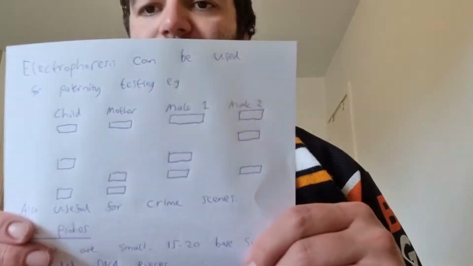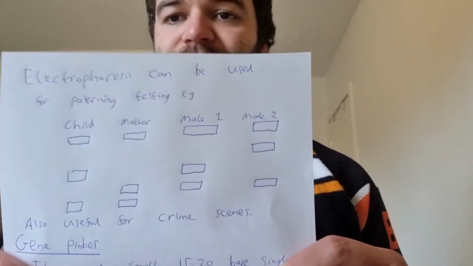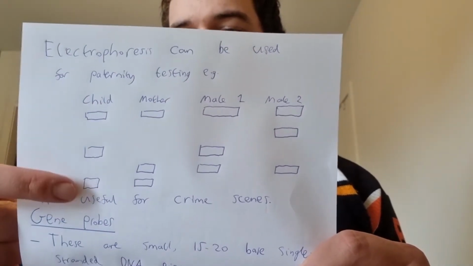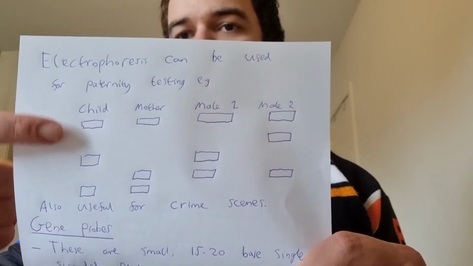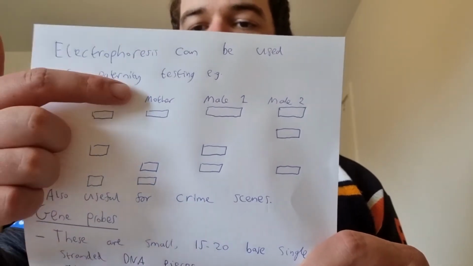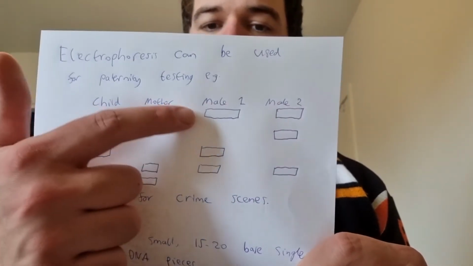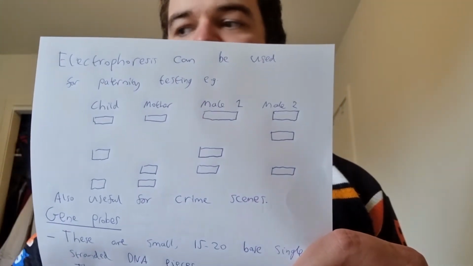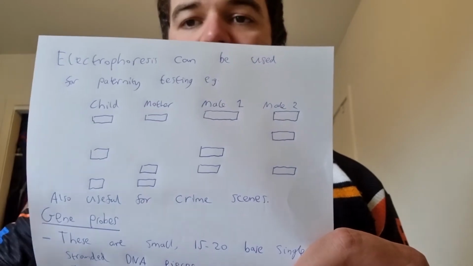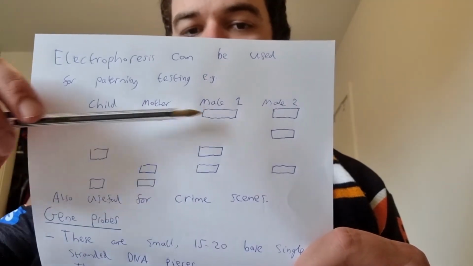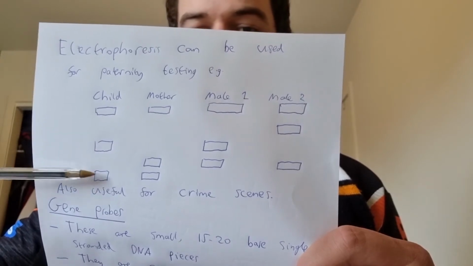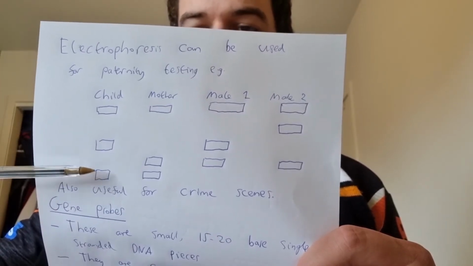So gel electrophoresis can be used for paternity testing. For example, we've got the child's DNA here, the pattern they make in electrophoresis here, and we've got the mother's here. And here we've got two potential males who may be the father. By studying this, what we can see is everyone has this DNA band here, but the mother has this band here as well as the child.